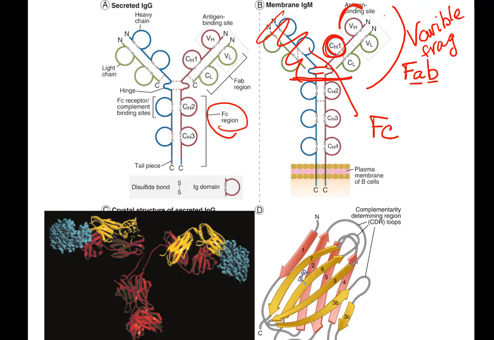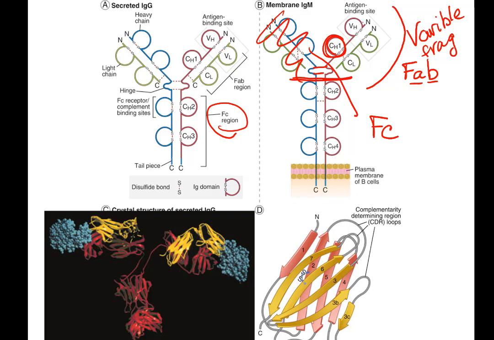Here we can switch this to a gamma. Oh, this is still heavy. We can switch this to a gamma. Notice that there's still going to be a constant region, constant region, constant region. But we simply put a different heavy chain onto the same variable heavy region that was created.